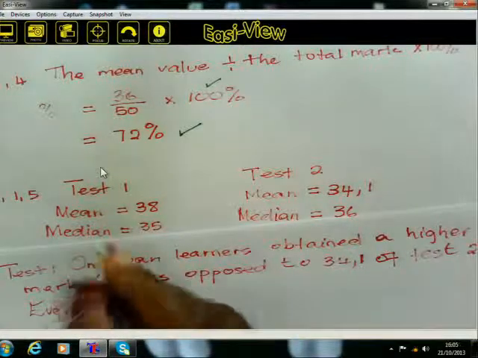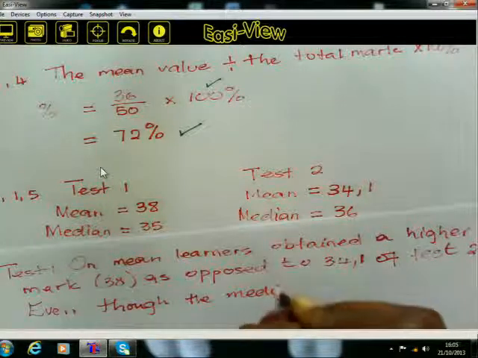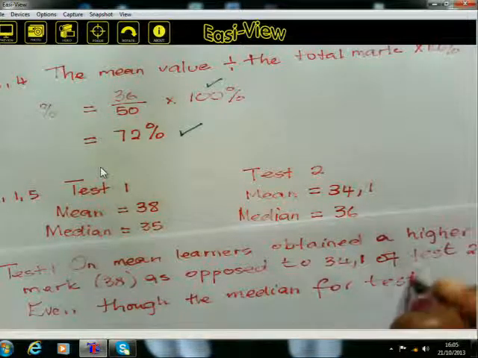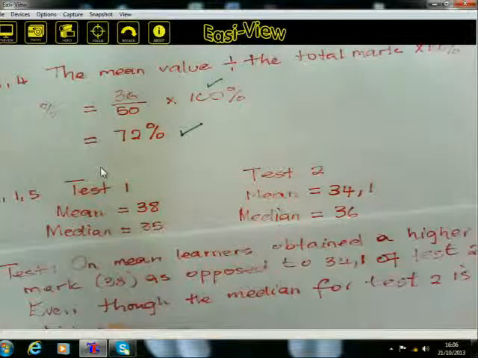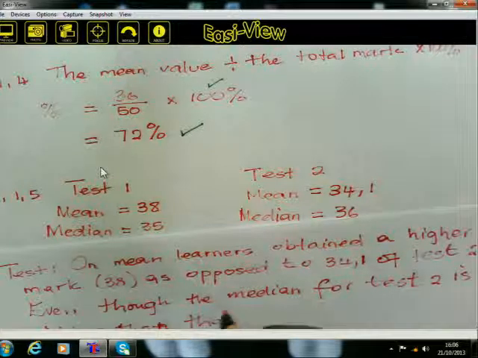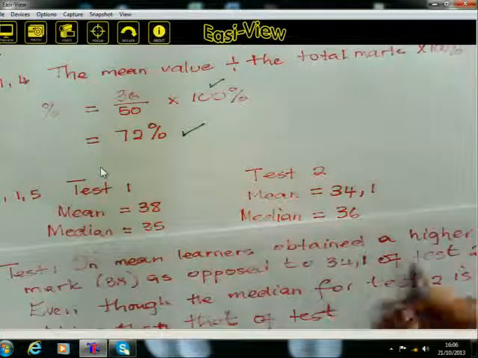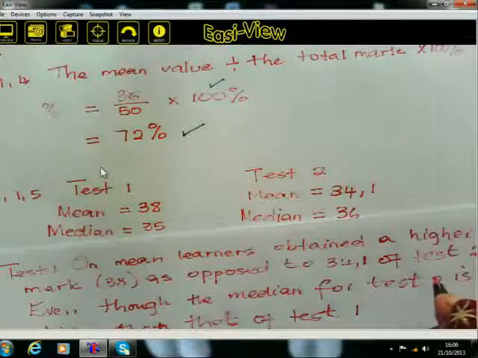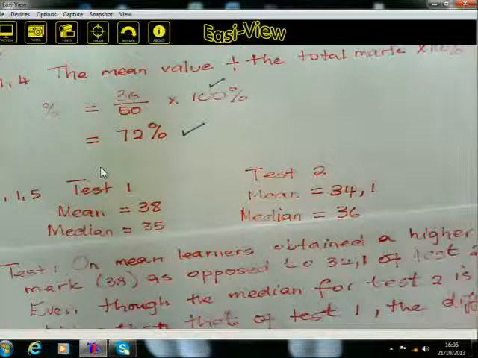So even though the median for test 2 is higher than that of test 1, the difference is too small.